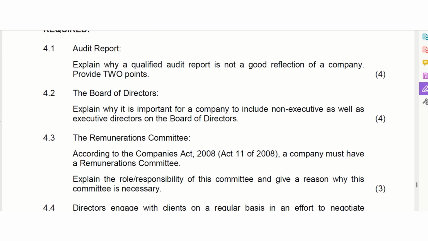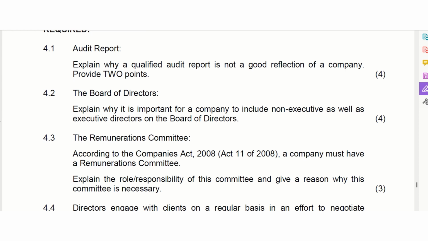A qualified report may state that there was maybe not enough evidence in order to audit significant items in the financial statements, for example, revenue. Or it may be that there is some missing or incomplete information in the financial statements.